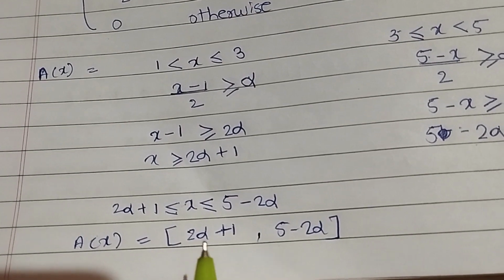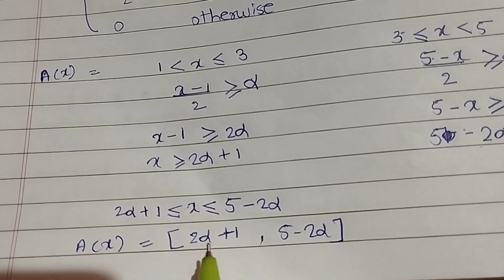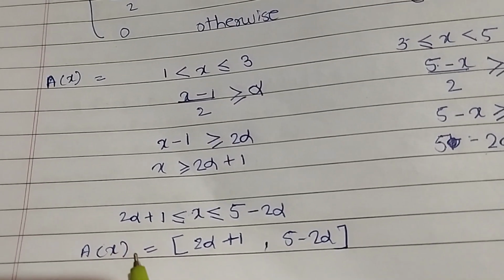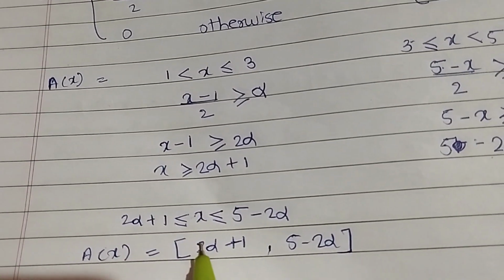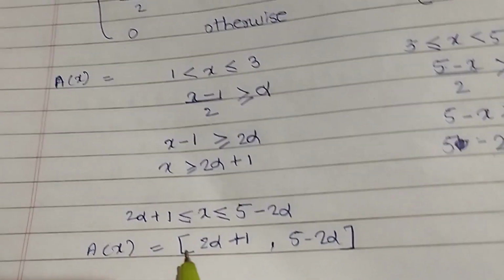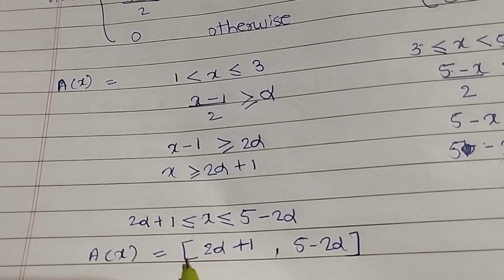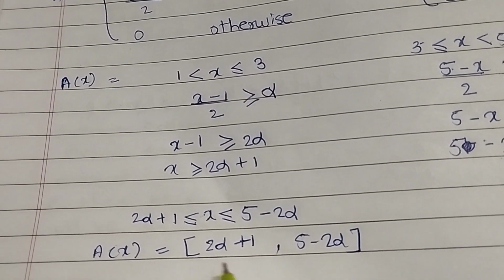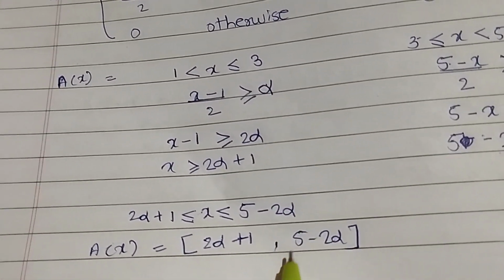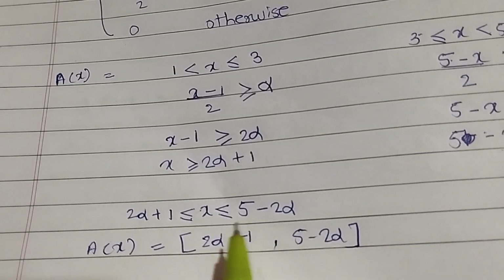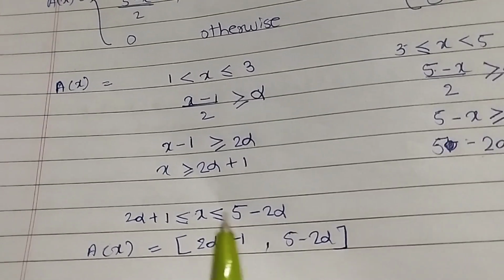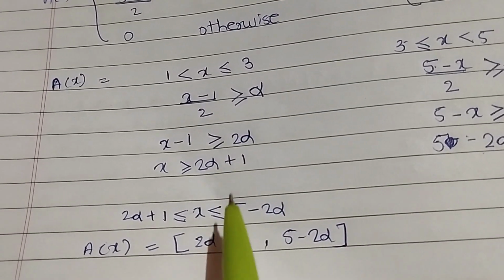So interval is nothing but the smallest and the largest value of a of x, which shows the bounded conditions. It means a of x belongs from 2 alpha plus 1 to 5 minus 2 alpha. This is the least value, this is the most value. I hope you get the idea why we find out the x.